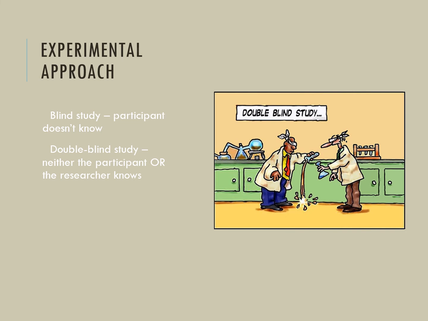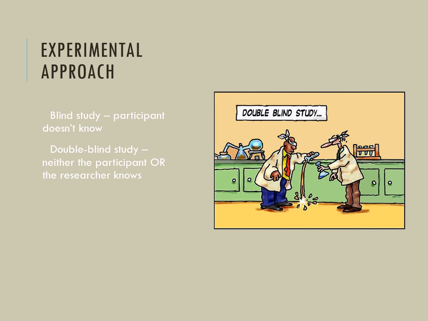In a double-blind study, both the participant and the researcher who is administering that treatment or intervention doesn't know. So back to pharmaceuticals, if the person is receiving the drug or the placebo, the person taking it doesn't know, right?